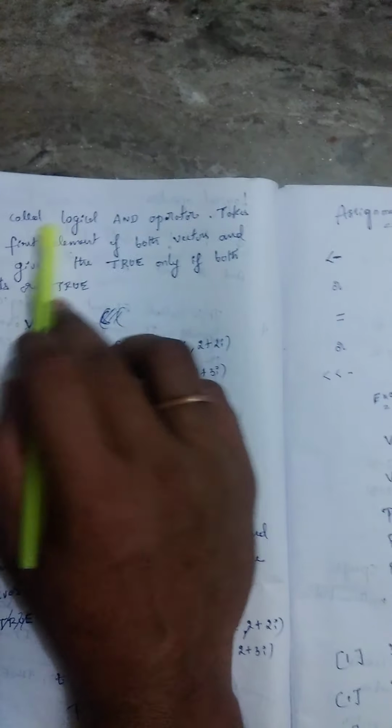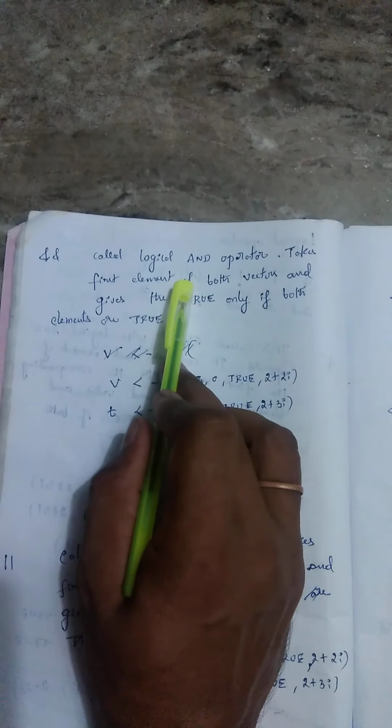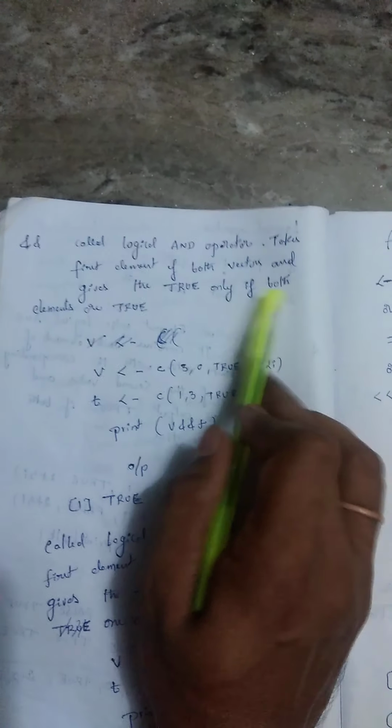Okay, coming to the AND operator. The logical AND operator takes the first element of both vectors and gives true only if both elements are true.